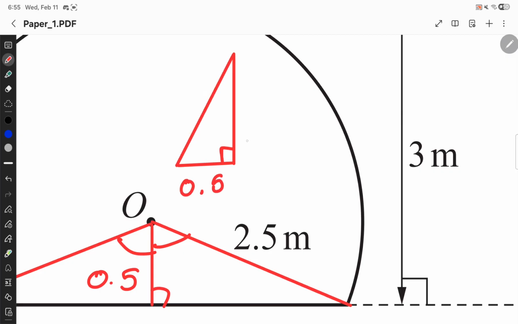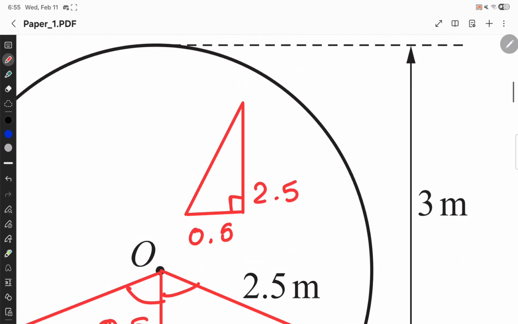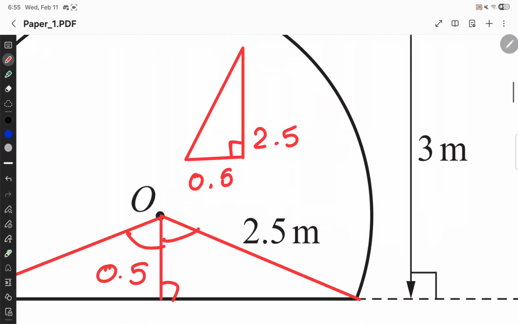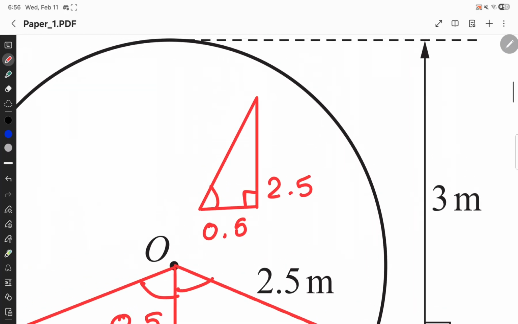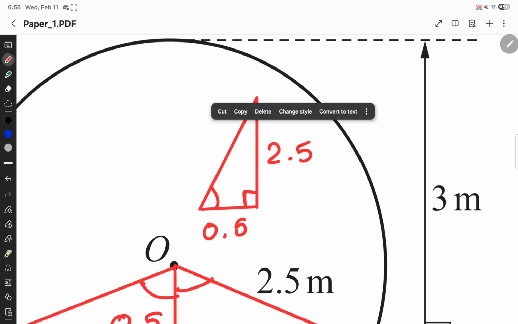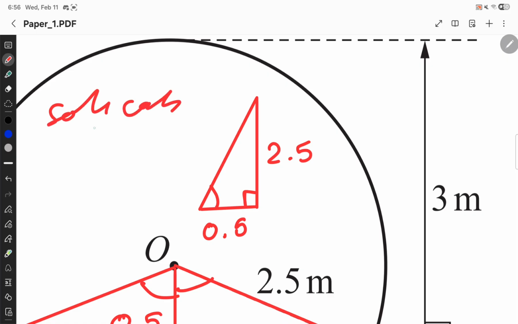Nice. Okay, next, the angle that we target is this angle. Now if we remember SOH CAH TOA, cosine is adjacent over hypotenuse, sine is opposite over hypotenuse, so we can't use that. Tangent is opposite over adjacent.